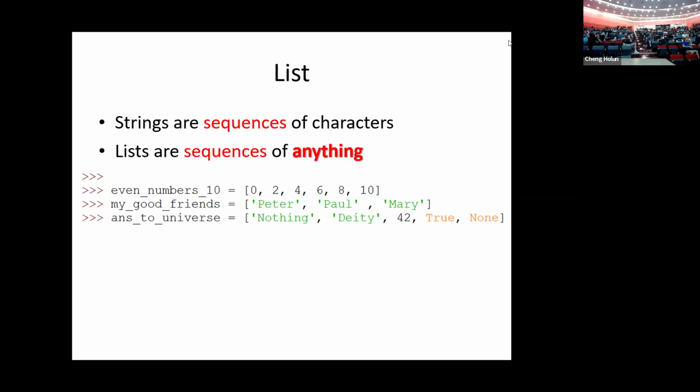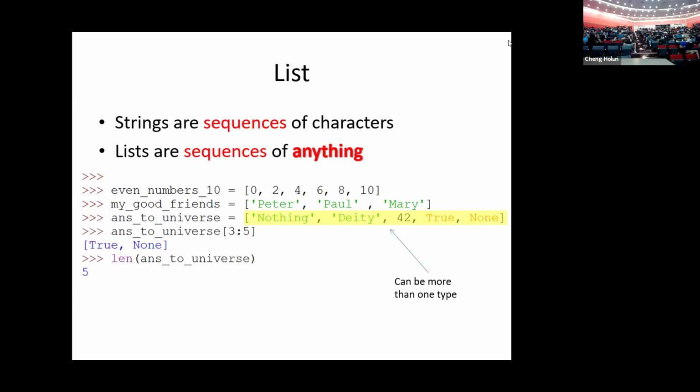So you can see that there are different data types. Some are strings, some are integers, some are Boolean values. It doesn't matter. In Python, you can store totally different, heterogeneous types of data in a list, okay?